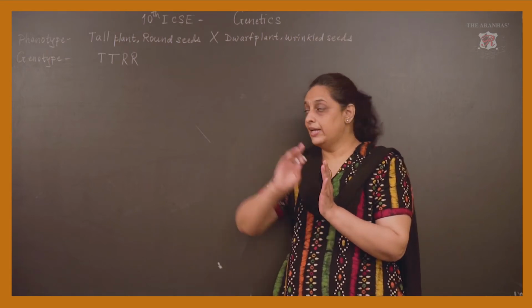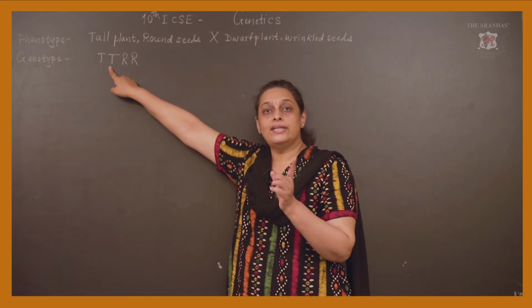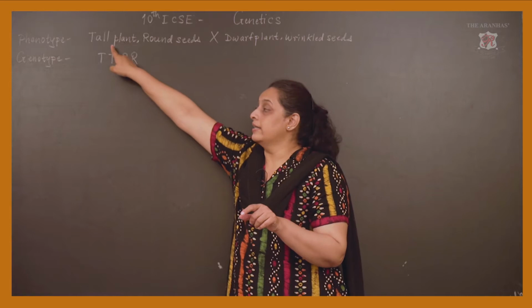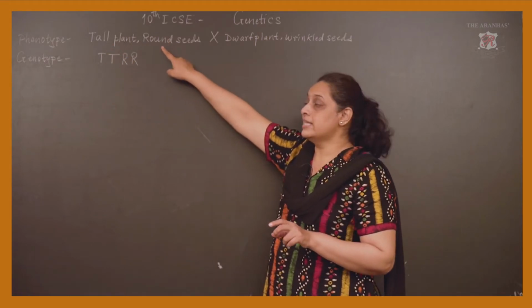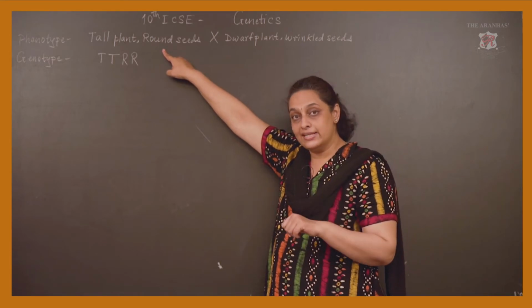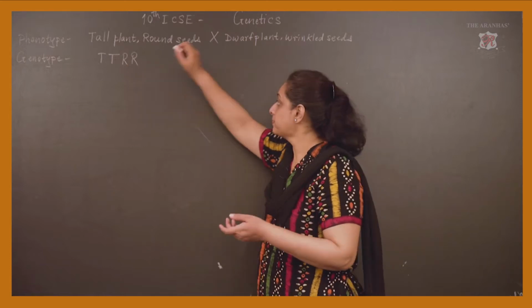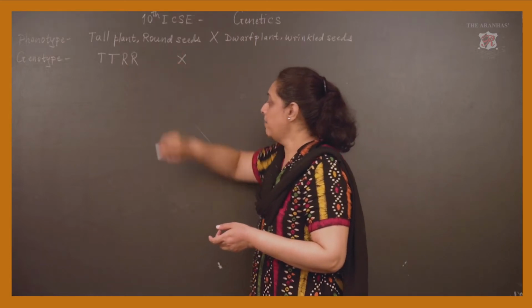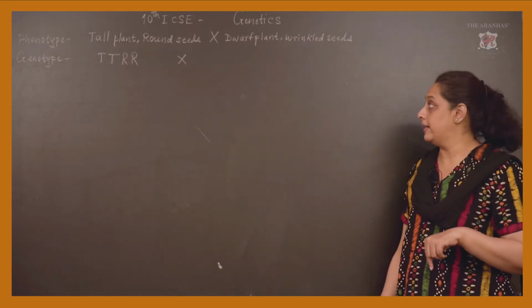So what I have done, I have finished writing both T for height, that is for tall, and then for the second character, that is which is for seeds, I am writing R later on. Same method I will use for writing genotype of the other parent.